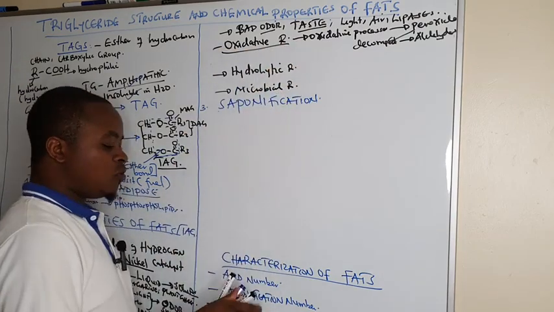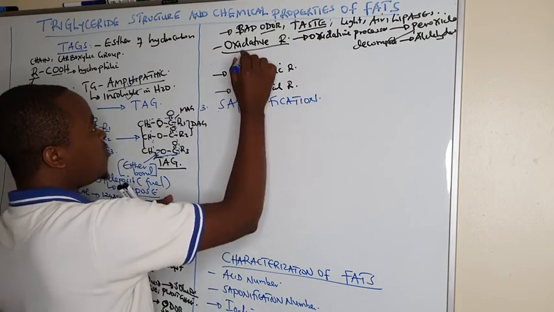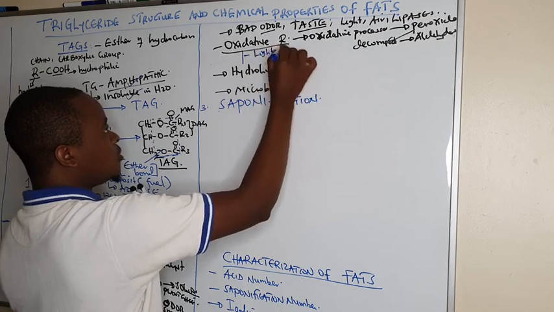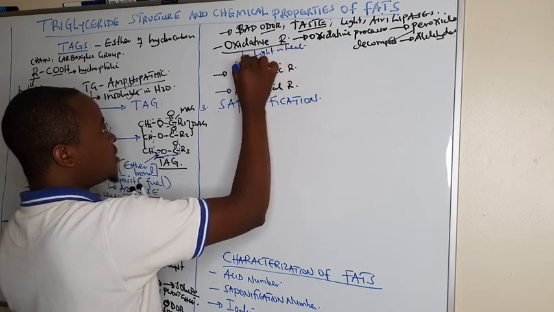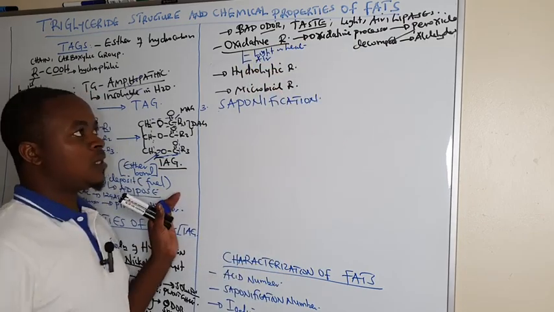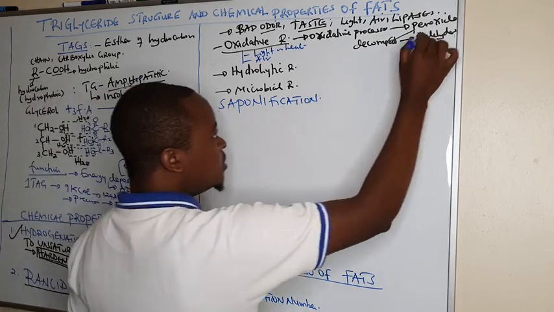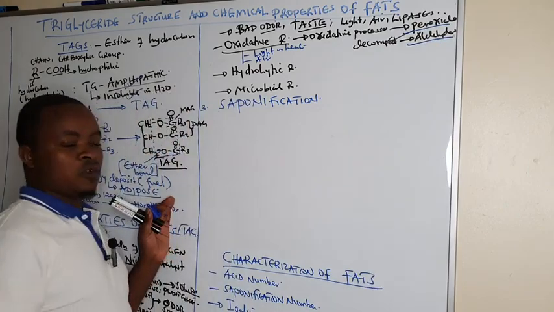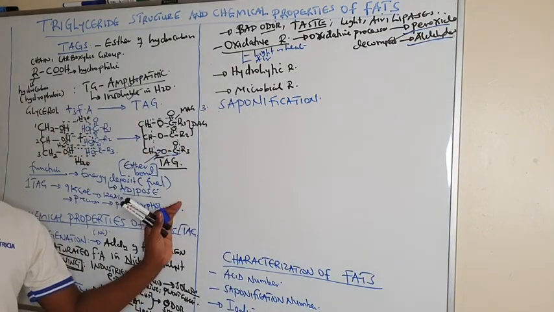And it is majorly due to exposure of fats to light or heat, or when it is exposed to air. They can cause that formation of peroxides. And these peroxides, when they decompose, form aldehydes, which can be carcinogenic in our body.